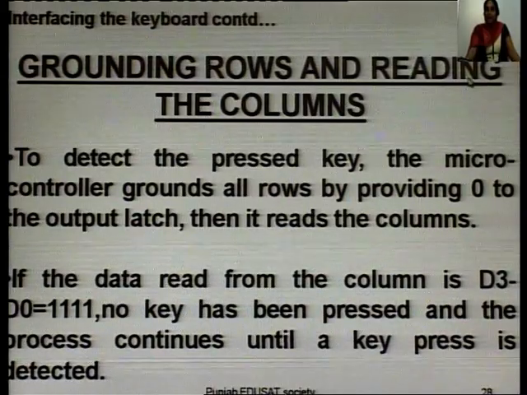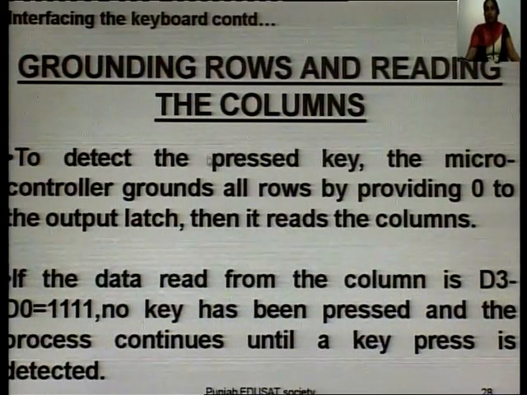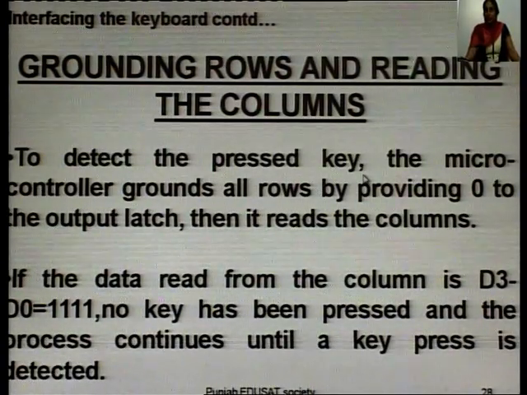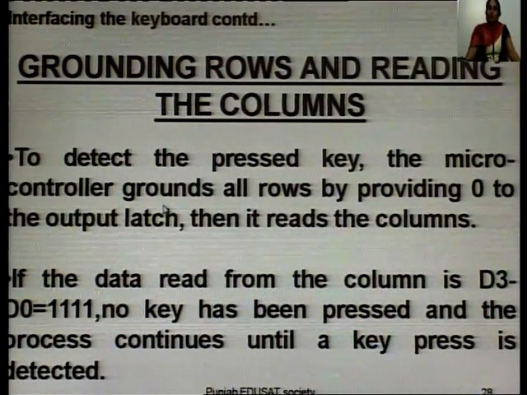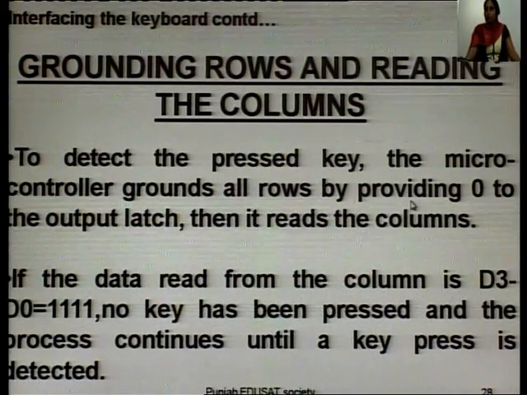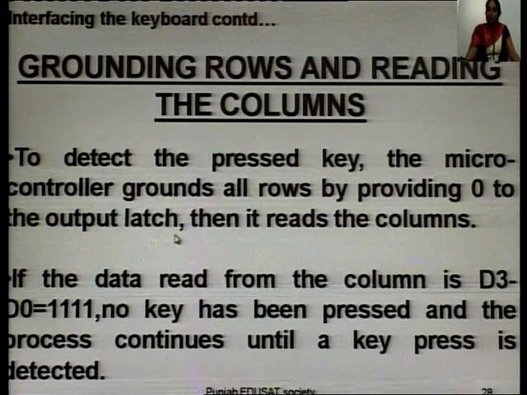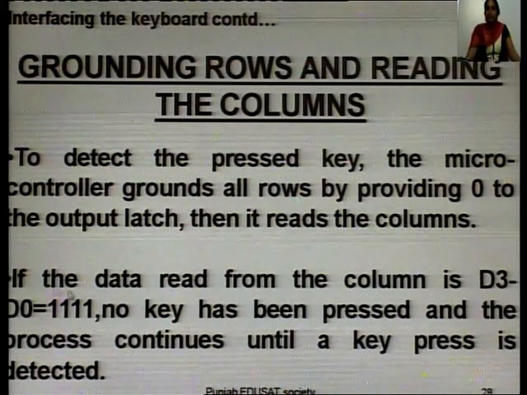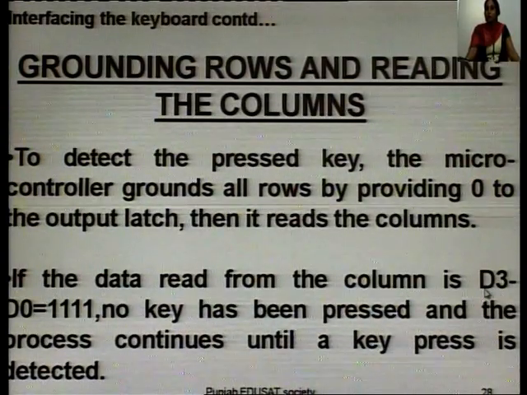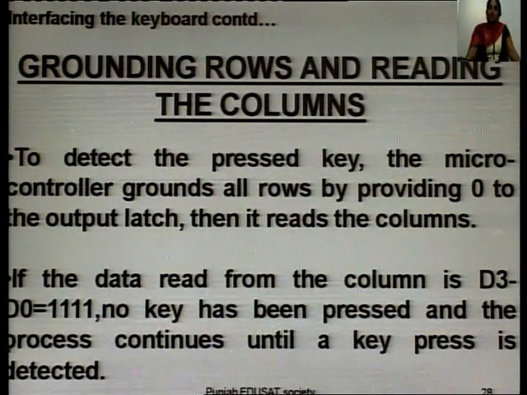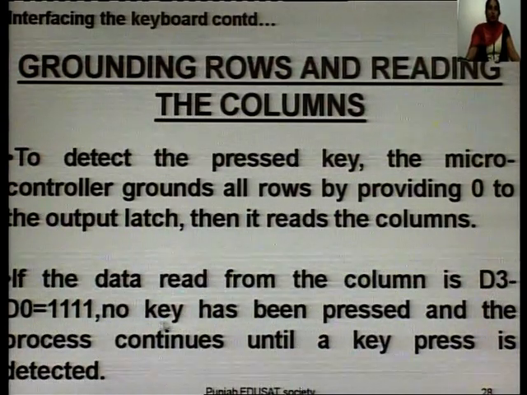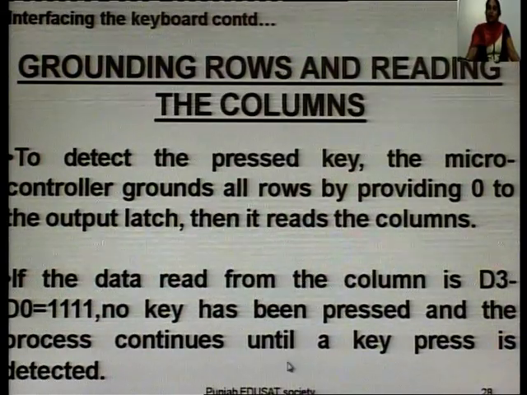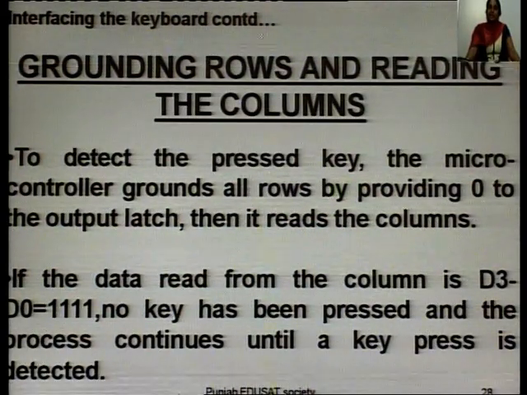Grounding rows and reading the columns. To detect the key pressed, the microcontroller grounds all rows by providing 0 to the output latch. Then it reads the columns. If the data read from the columns, that is D0 to D3, is all ones, no key has been pressed and the process continues until a key press is detected.